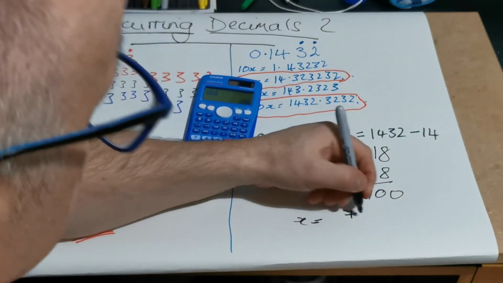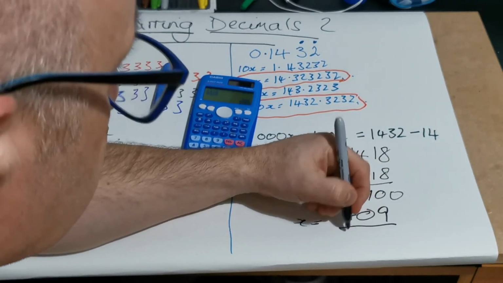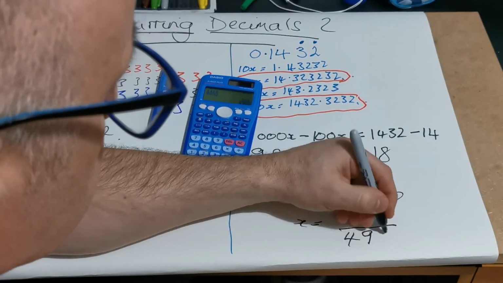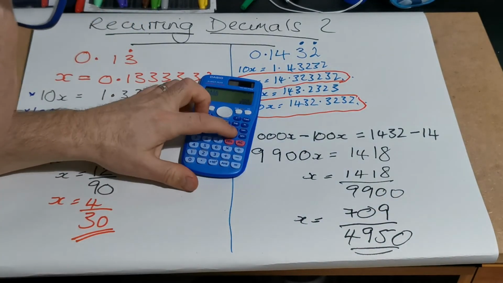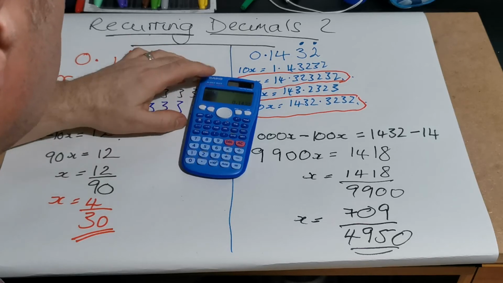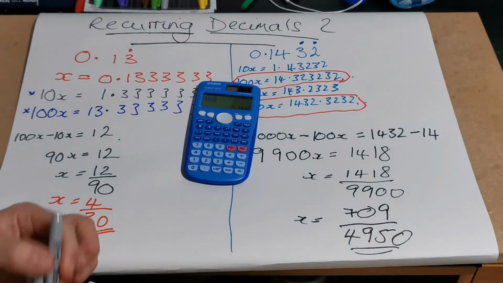Oh, they only do divide by 2, that's all we could get. 709 over 4,950. And if I want to convert that to a decimal, 0.14 and 32 with the dots on, so I know I'm right.